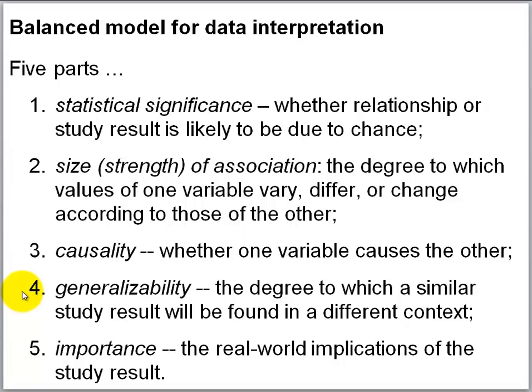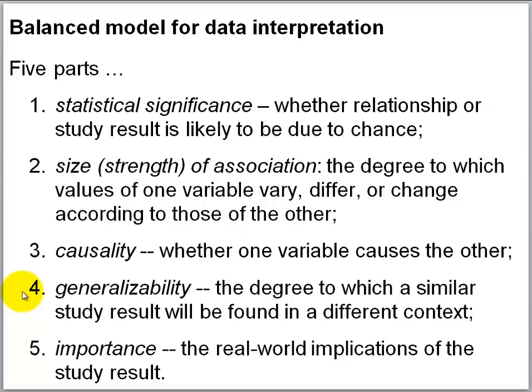Generalizability. Now, a big factor affecting generalizability is the sampling process. When you have a study sample that is drawn randomly from a large population, then you can use statistical logic to make quite confident generalizations to that population. But of course, the problem is that in so many situations we don't have large populations from which we've randomly selected, and in some situations there's no real population at all.